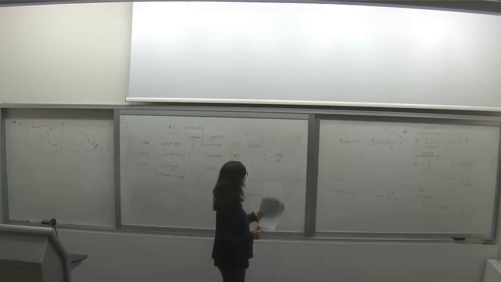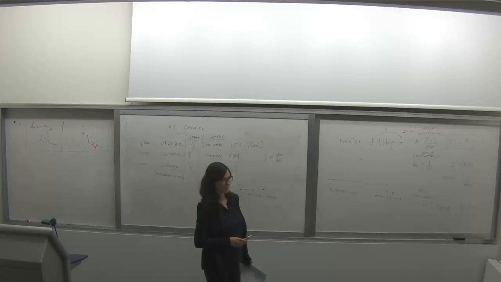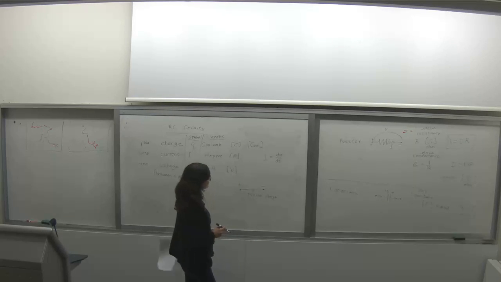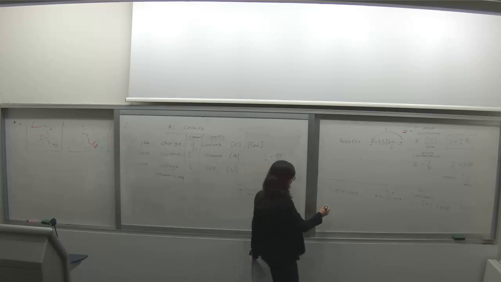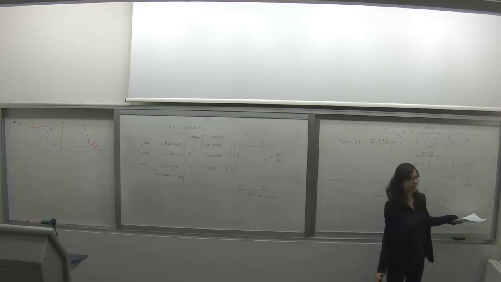So who knows the relationship between I and V for a capacitor? I is equal to dQ over dt, and I know the formula for Q. I just have to differentiate V times C.